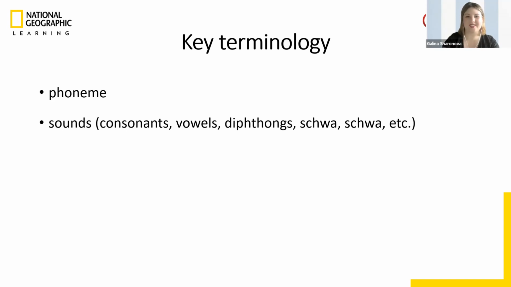Schwa is this short sound, like in the word computer. I have the word schwa twice, so the second word is schwi. It's the most common sound in English, yes, I agree. And the schwi sound is like a short e, like in the word very.